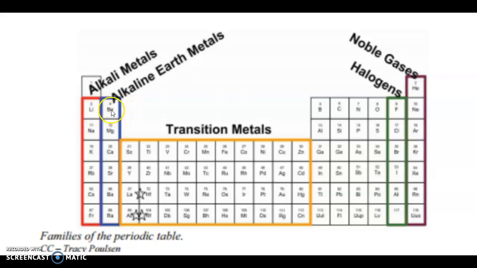The next family over, with 2 valence electrons, is the alkaline earth metals. The transition metals, which is the big section in the middle, include copper, nickel, zinc. These metals tend to be really good conductors. The halogen family, as we discussed earlier, is going to be group 17, and the noble gases are going to be that family on the far right.